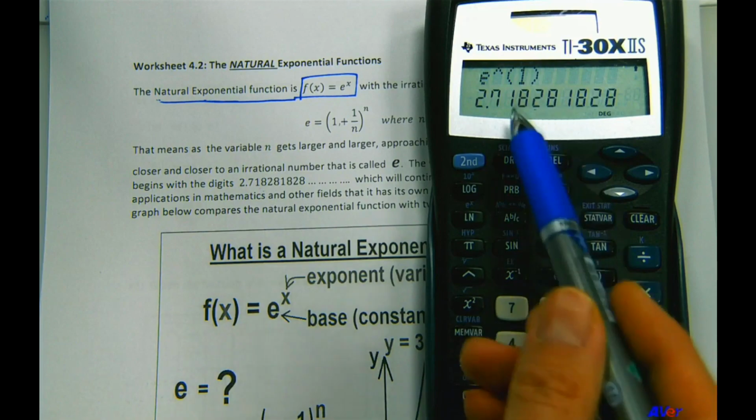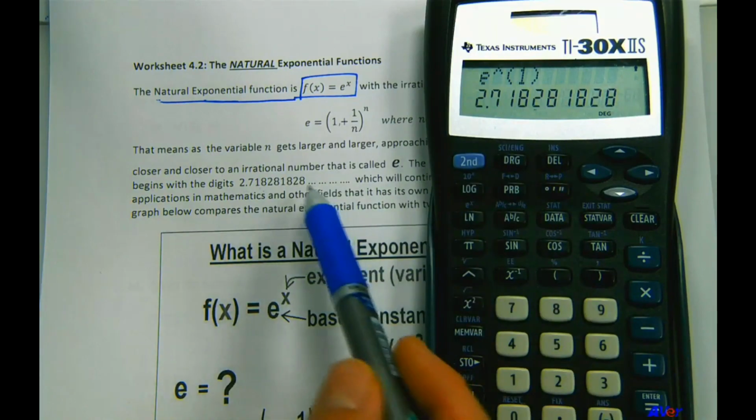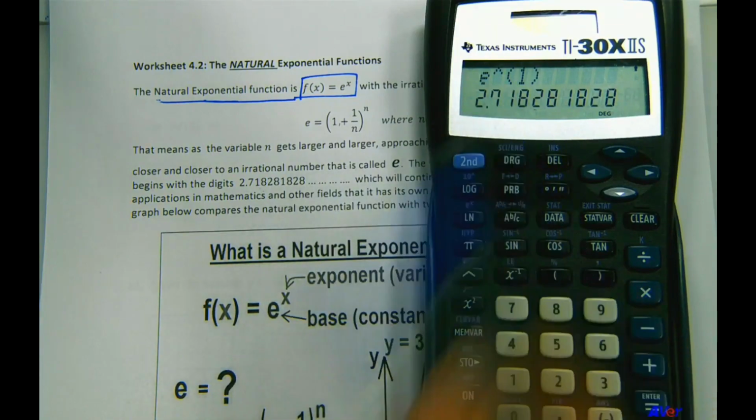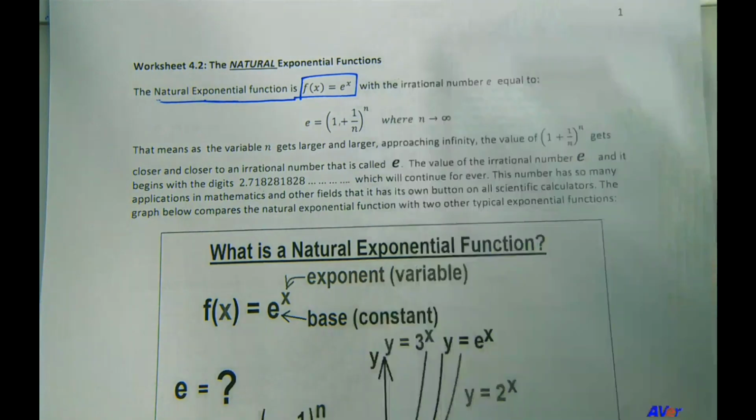Now compare that with this number. They're identical. But as I said, e is an irrational number, so it'll never end. These are just a few digits that the calculator can show on the screen, but it'll continue forever.